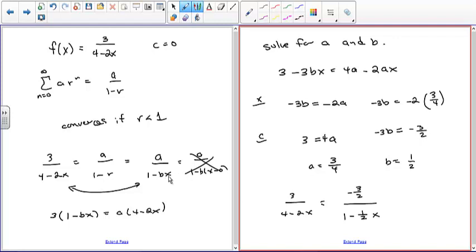So I plug it back into this equation. And now that's of the form a over 1 minus r. So from that I can say the a that I'm going to use here is negative 3/2, and r is going to be negative 1/2 x.